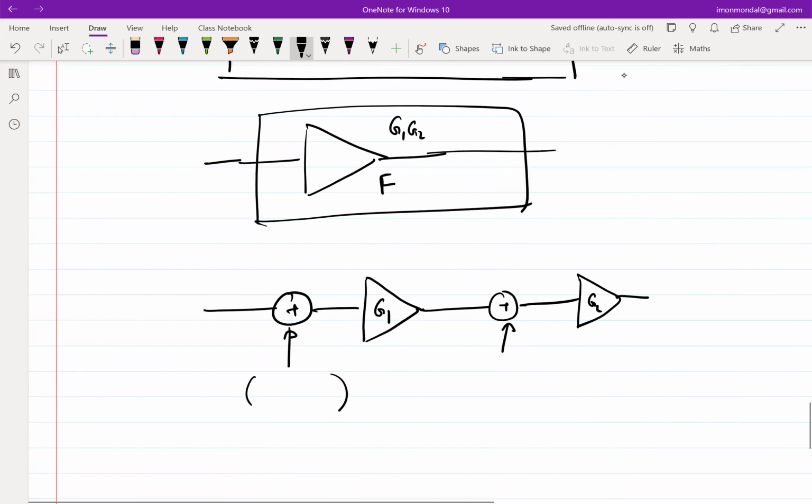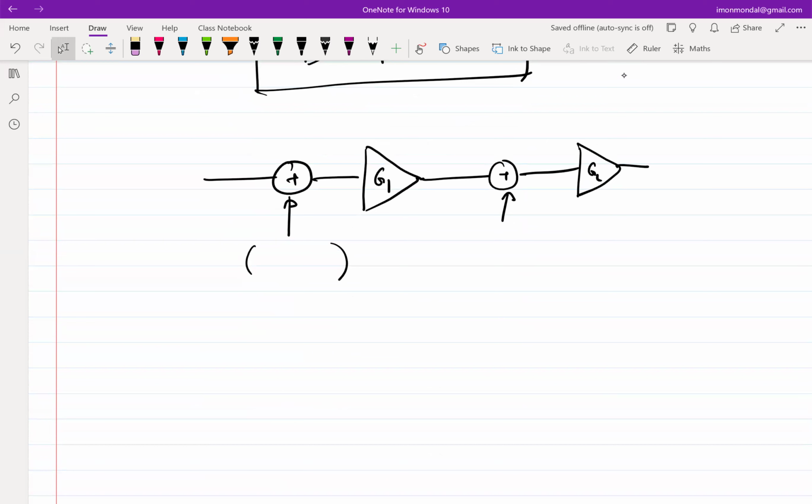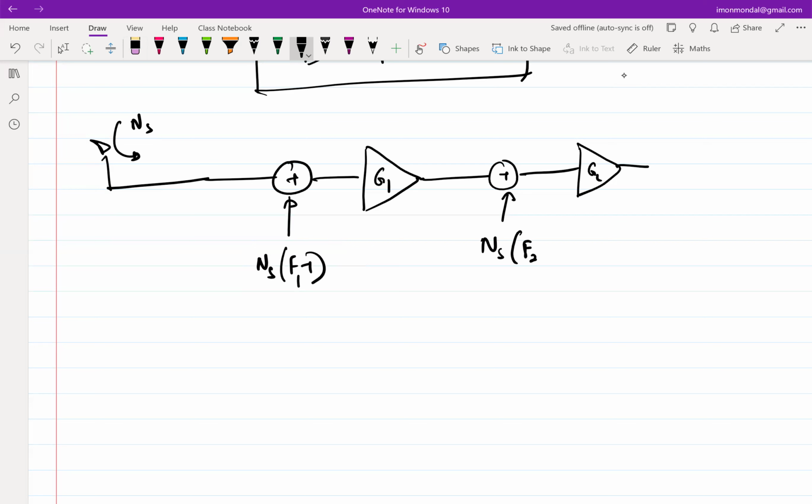So this is some reference source. Let's say the reference source is an antenna, which has a 50 ohm load, and I call this NS. So this is NS times F1 minus 1. Similarly, this one is NS times F2 minus 1.